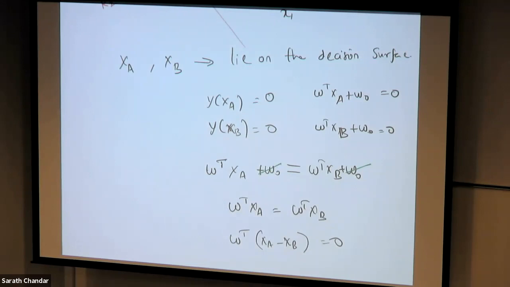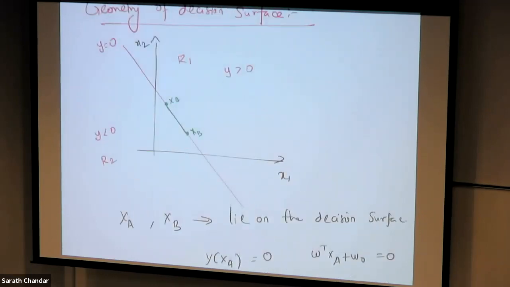What is the geometric interpretation for that? It says that the W vector is orthogonal to this line. When I say W transpose something is equal to 0, it means they are orthogonal. So my W vector will always be perpendicular to my decision surface.